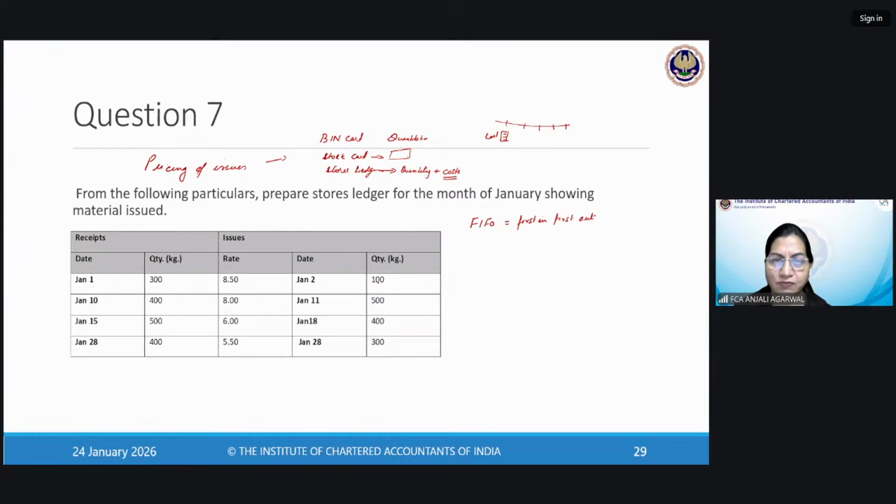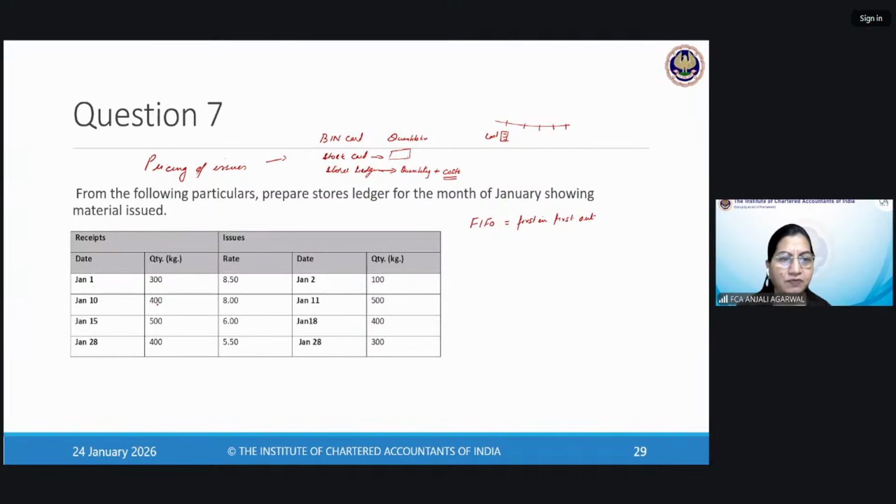First in, first out means whatever unit is lying oldest in the stores will be issued first. So on 1st January, we received a material of 300. So on 2nd January, the 100 units will be issued from the 300 kgs. There is no other option. We don't have any other lot.